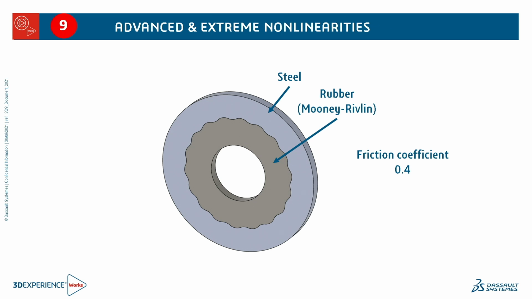Now, this might not seem particularly complex. We've just got a rubber shaft with a steel sleeve. We have a sinusoidal-like interface. One thing I do want to point out, though, is we are now looking at a more realistic friction coefficient. You probably see a friction coefficient of 0.1 very commonly. The lower the friction coefficient, the better it tends to be for stability of the simulation.